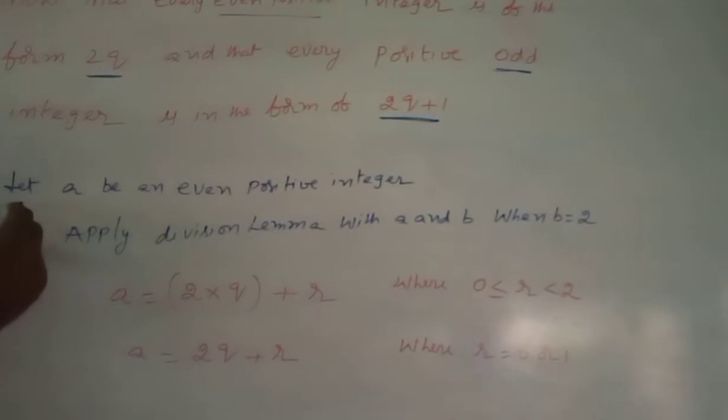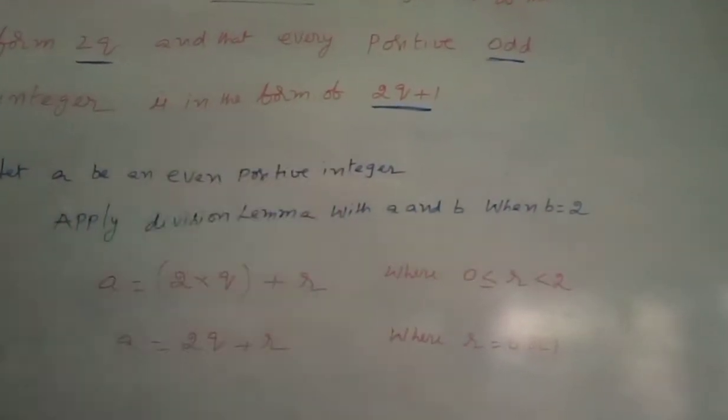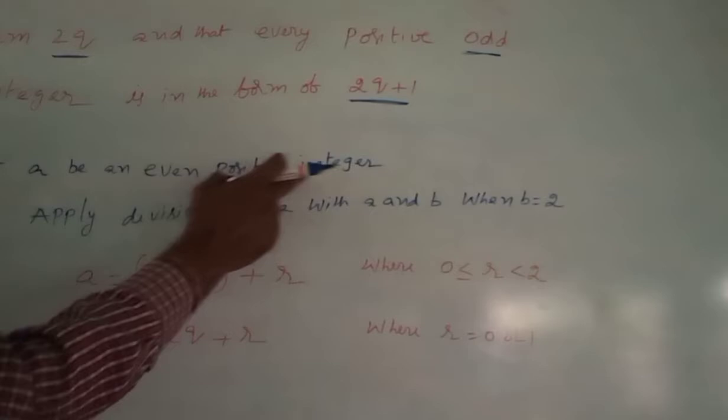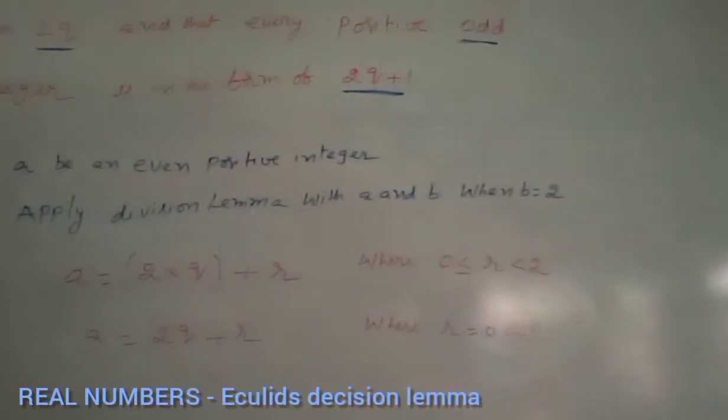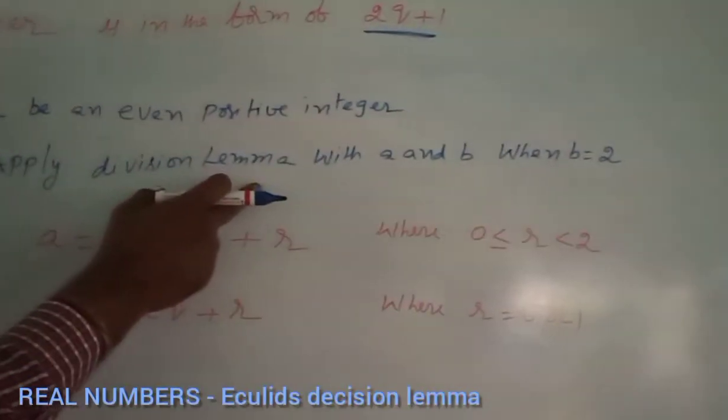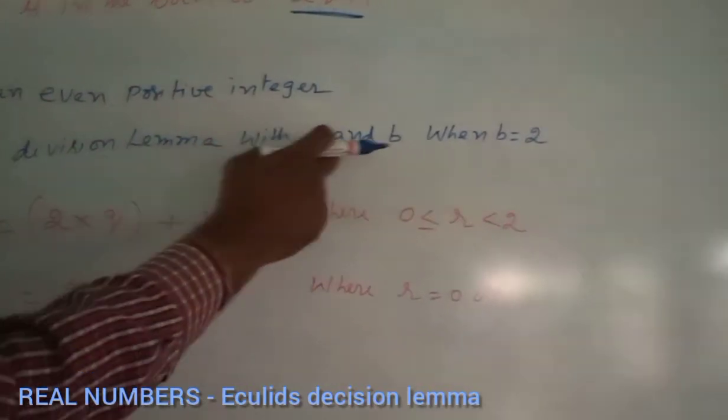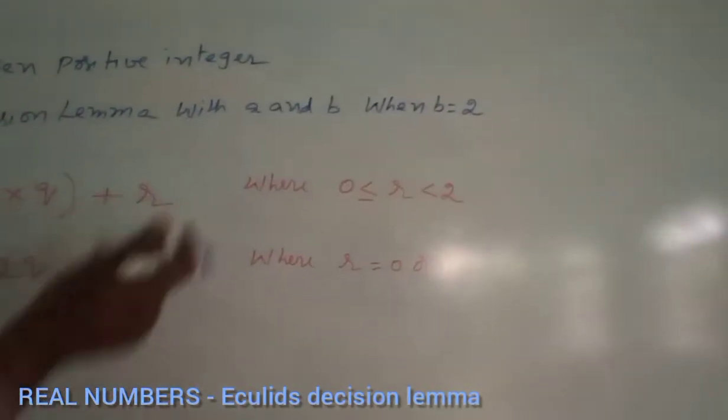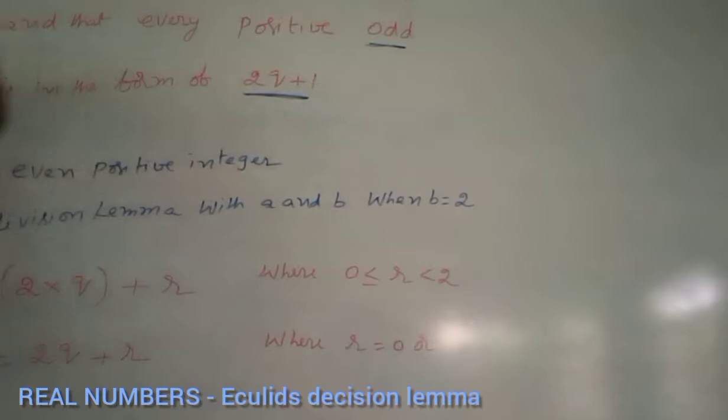To answer, let A be an even positive integer. Apply Euclid division lemma with A and B, where B equal to 2, since the forms are 2q and 2q plus 1.